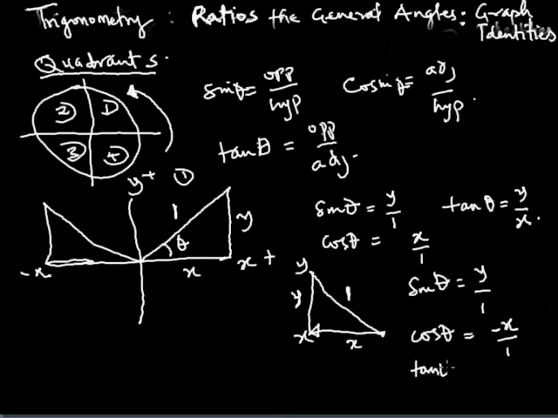Tan theta is y over x, and this will give you minus. Can you now see that this is minus tan theta, this is minus cos theta, and this is sine theta.